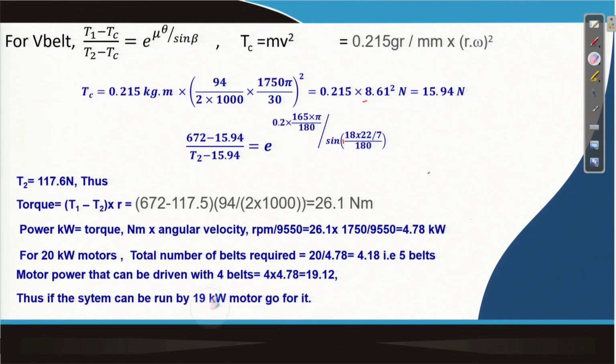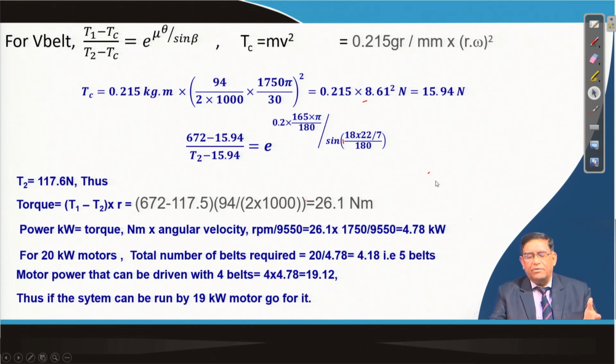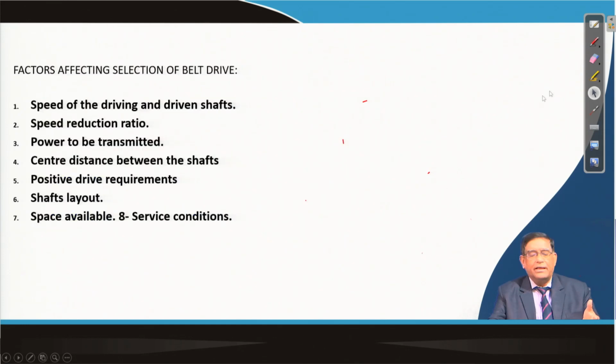That is how, in the design part, you do a little bit of iteration to get things done. But the basic principles of how belt tensions are used for determining the power, and then determining for a drive how many V belts you will use, can be given here.